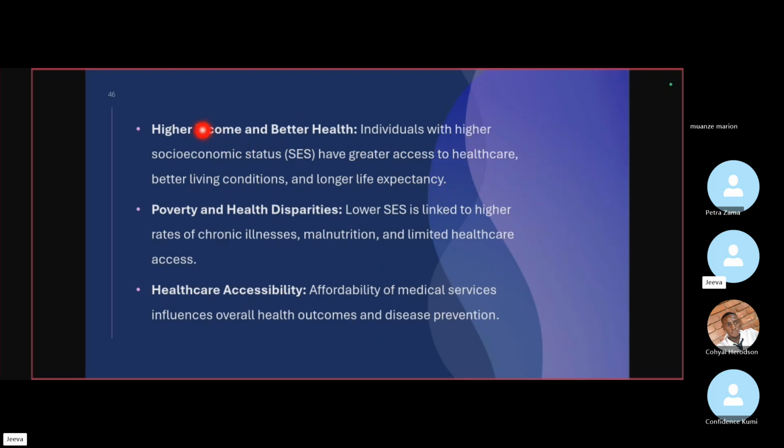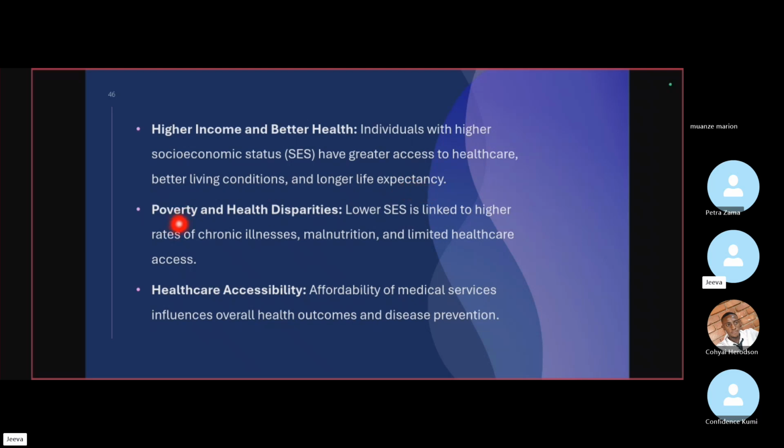Correct? People in a very high income state, people who are very rich, will always have a very good socio-economic status, and they will get more access to the healthcare system. They are in better living conditions. Therefore they get better treatment and have a longer life expectancy.